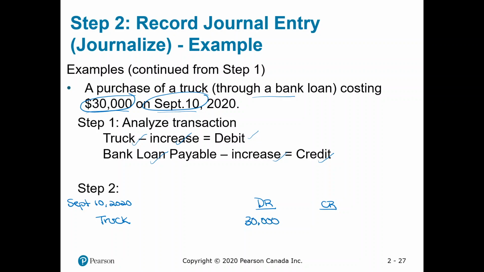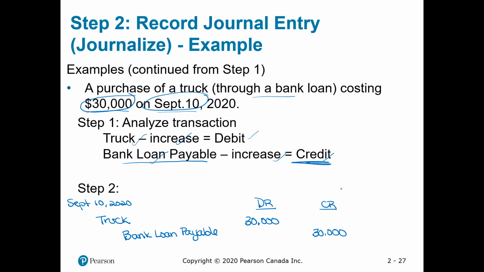And then we have our credit, which was our bank loan payable. So we still indent that. And we took on the bank loan for $30,000 as well. And now it goes under the credit column.